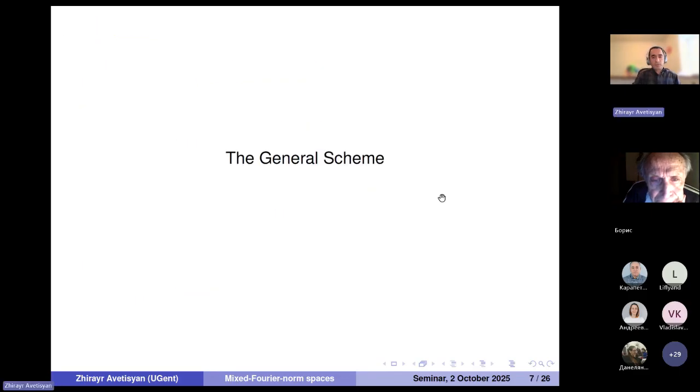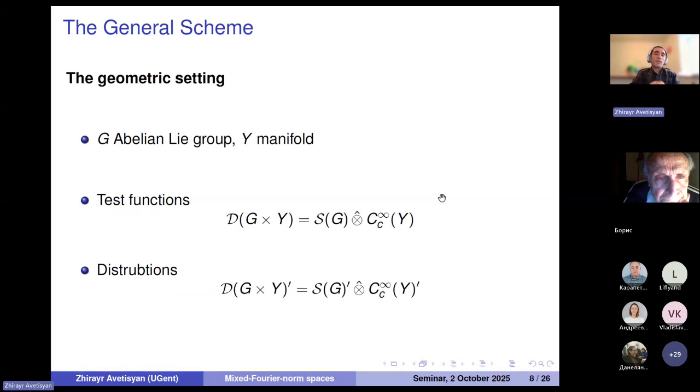So what is the general scheme? We begin with G being an abelian Lie group. Usually it is connected, but never mind for the moment. And Y is a general smooth connected manifold. We consider test functions on G Cartesian product Y, G cross Y. These are not any standard test functions.